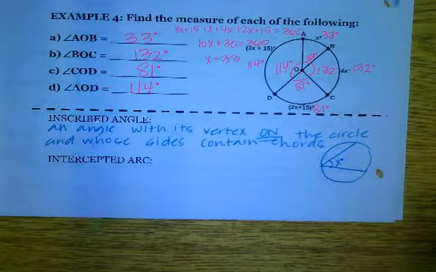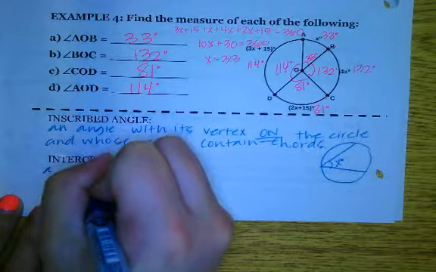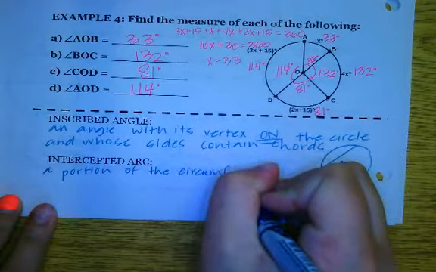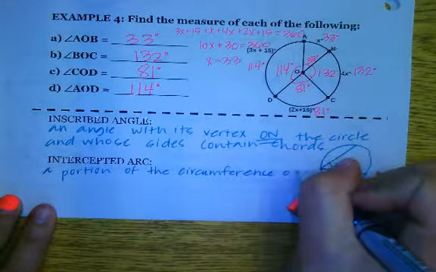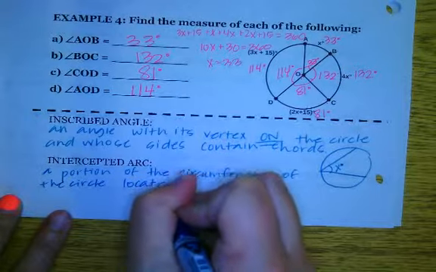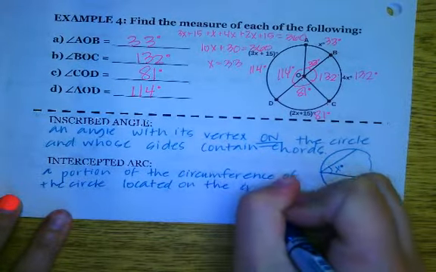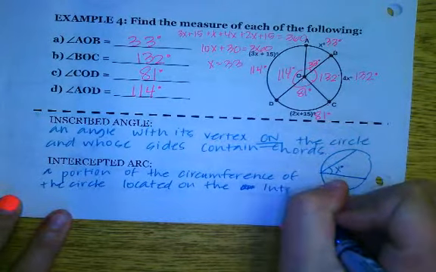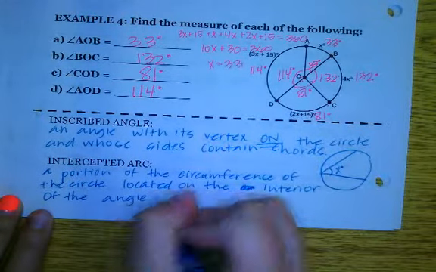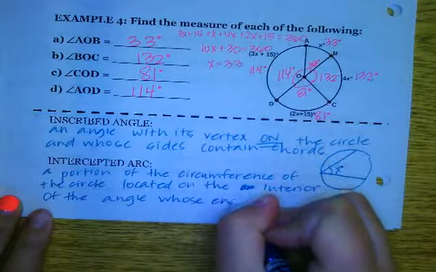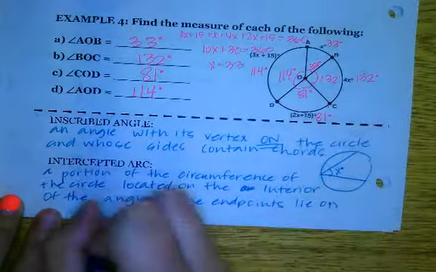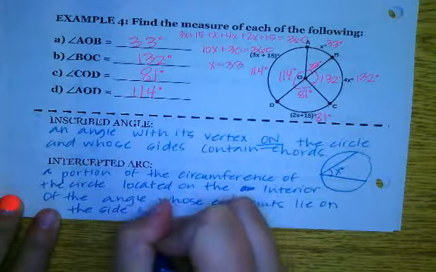So an intercepted arc is a portion of the circumference of the circle located on the interior of the angle whose endpoints lie on the sides of an angle.